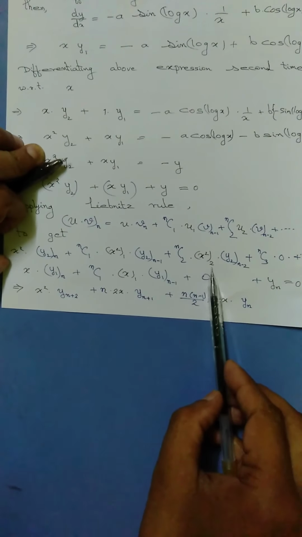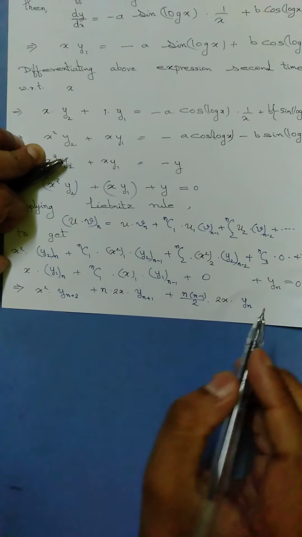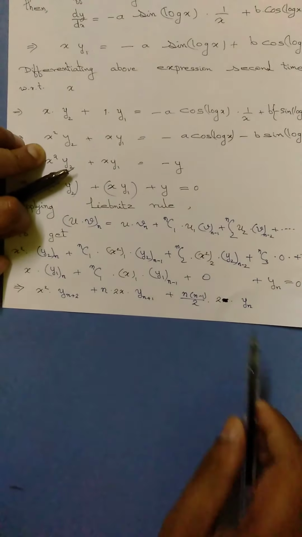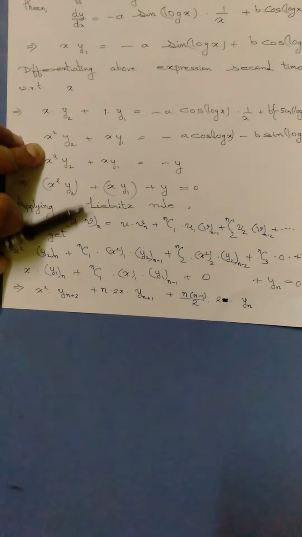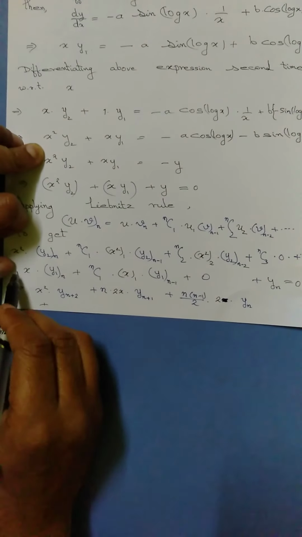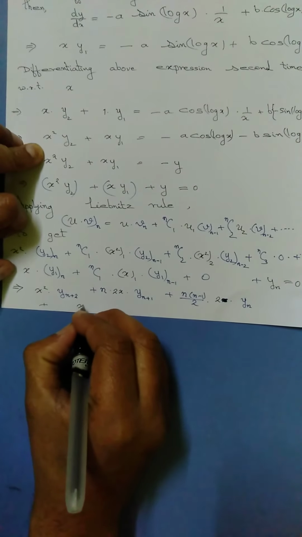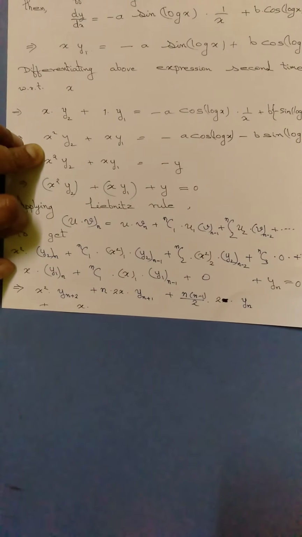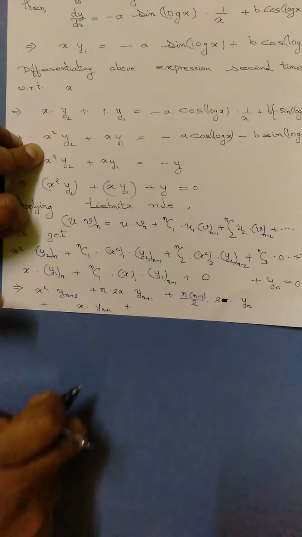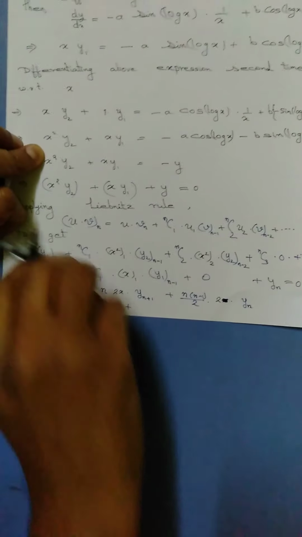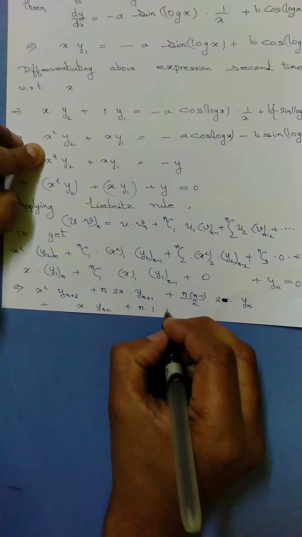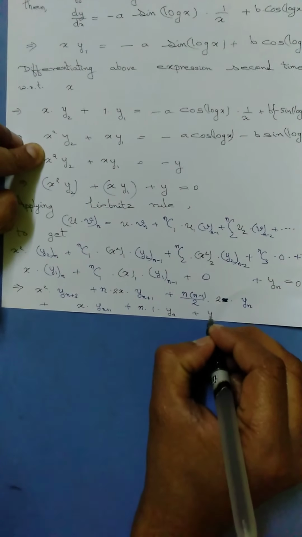If you differentiate it twice you get, if you differentiate it once you get 2x, but you are doing it twice, so you just get 2 y_n as it is, n minus 2 and second derivative, plus what about this expression, x into y_(n+1) plus derivative of x is 1, n into 1 into y_n plus y_n equal to 0.